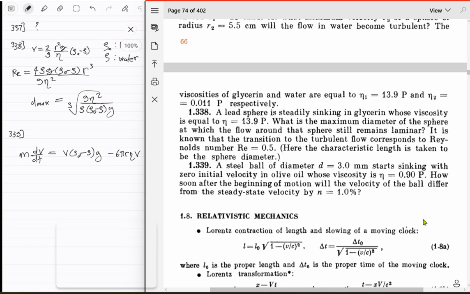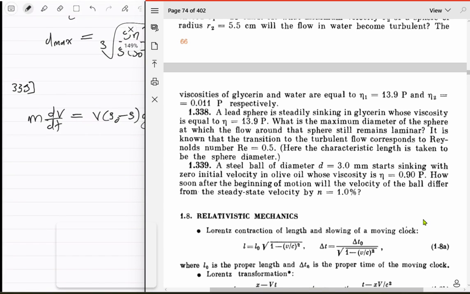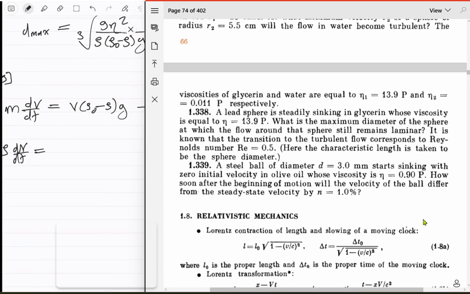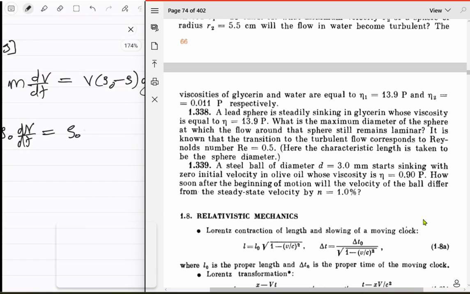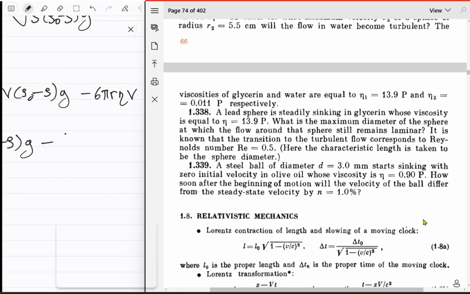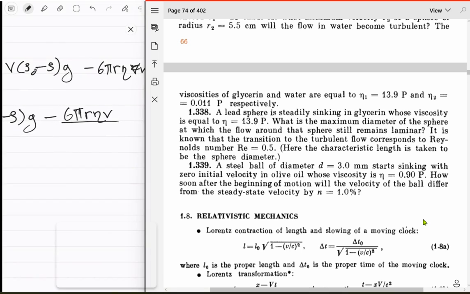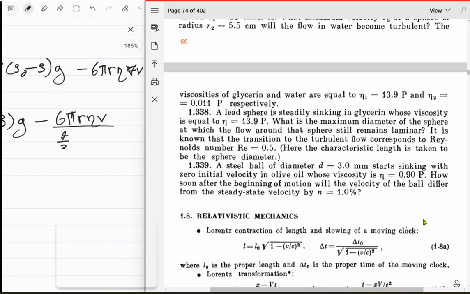Yes. Looks cool. Which means dv upon dt is equal to, okay, it should be the density of this thing, of course, like the density of steel. And that's equal to what? Rho naught minus rho times g, and minus 6 pi r eta. It's not the volume, it's the velocity. Sorry, 6 pi r eta velocity upon the actual volume, which is 4/3 pi r cubed.